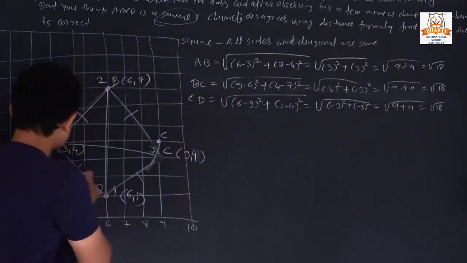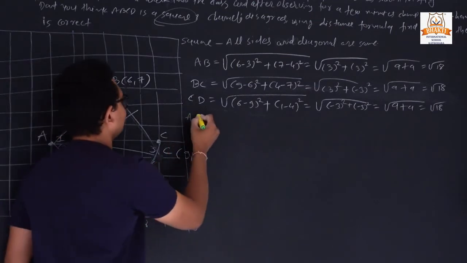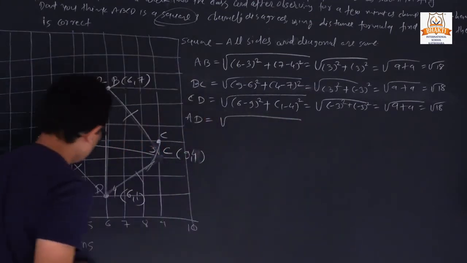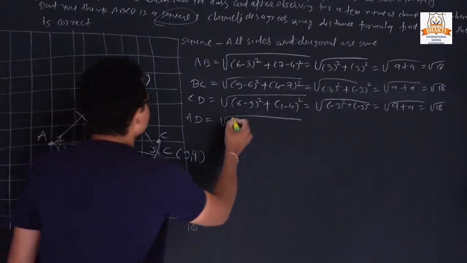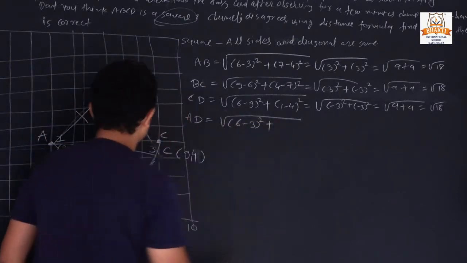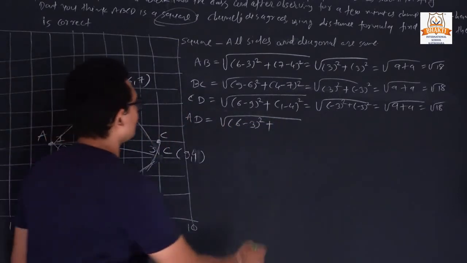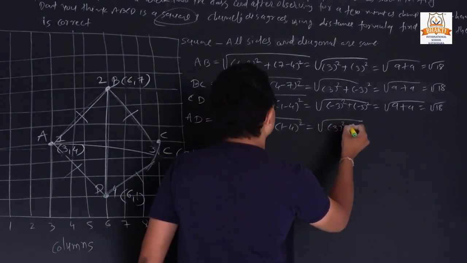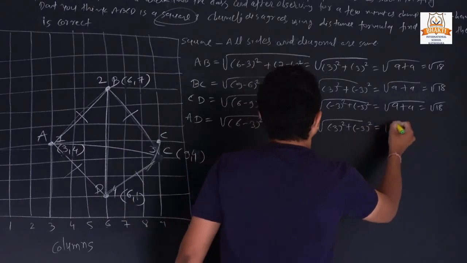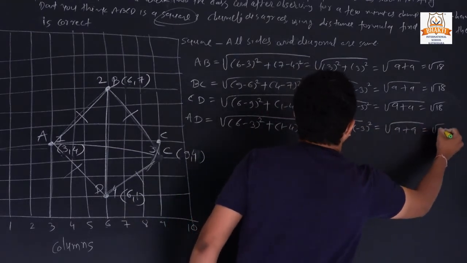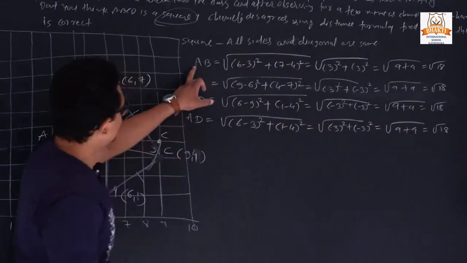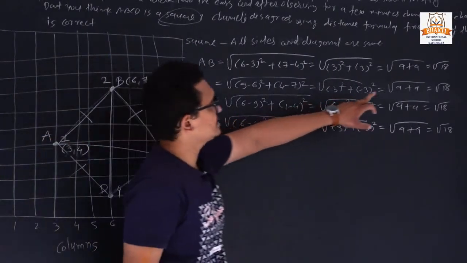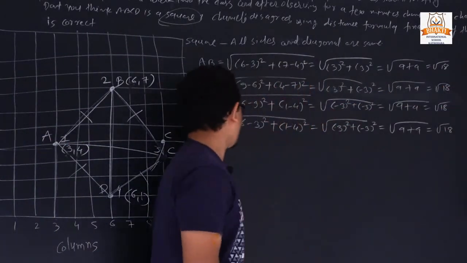Now last AD. So (6 minus 3) whole square plus (1 minus 4) whole square. So 3 square and minus 3 square. So it means what? 9 plus 9, root 18. So see that answer of AB, BC, CD and AD all are same. So it means all sides are same.